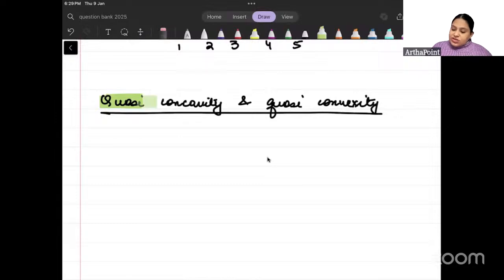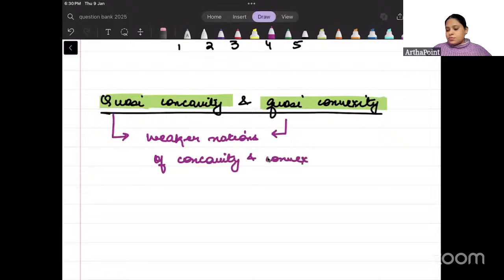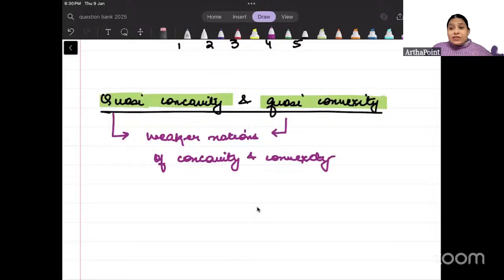So when we say quasi-concavity or quasi-convexity, these are weaker notions of concavity and convexity. माने पूरा concave या convex नहीं है. Partially weaker version of concavity or convexity. That is what quasi-concavity or convexity is.